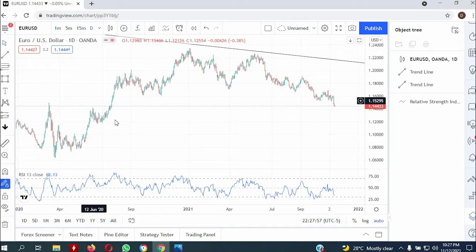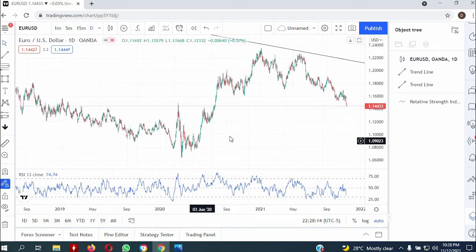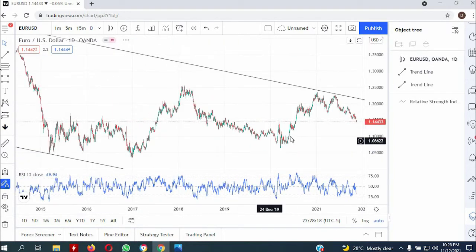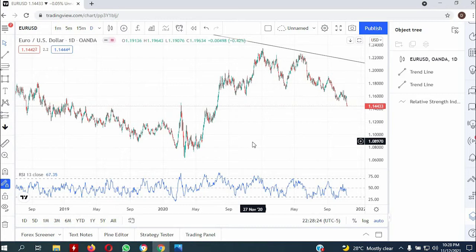So we are expecting that the EUR USD should make an up move. However, if the EUR USD breaks through this area, it will eventually target this area right here, right? Let's go down to the 4-hour and see what's going on there.